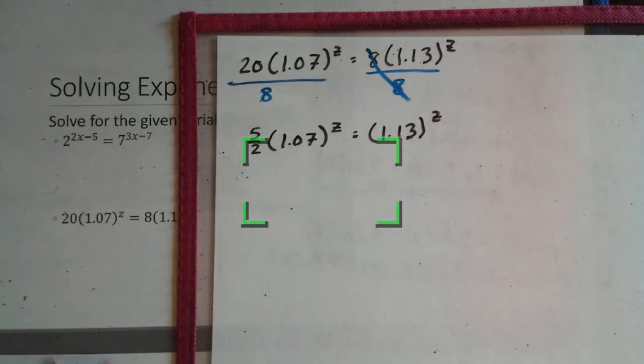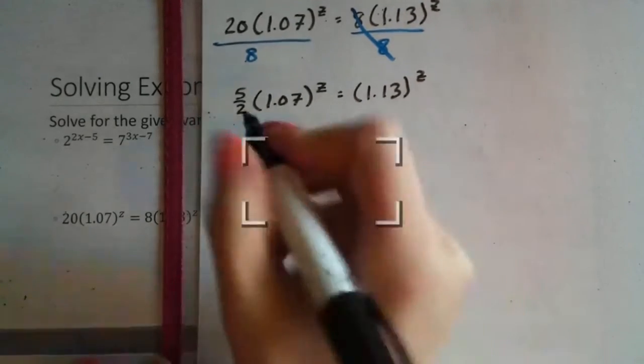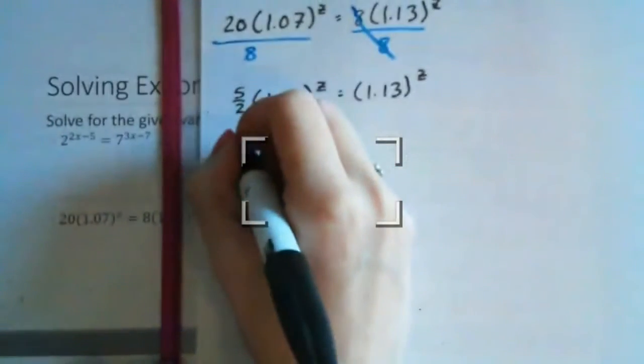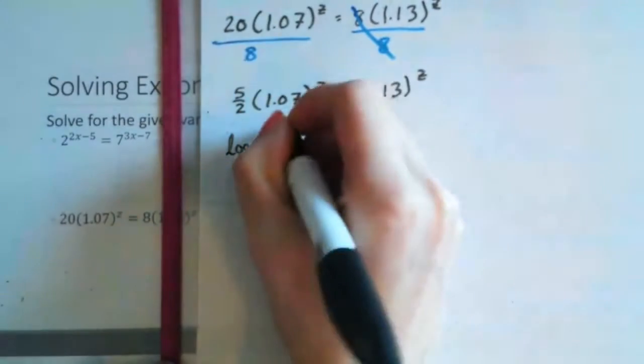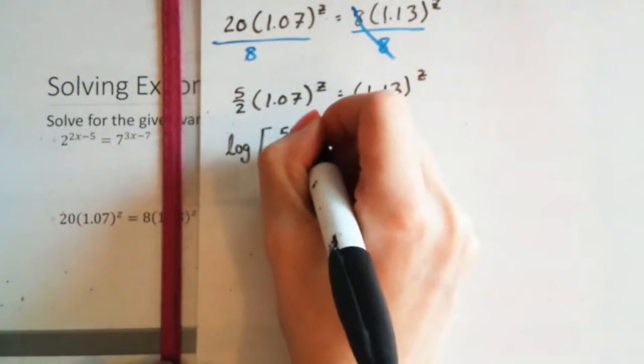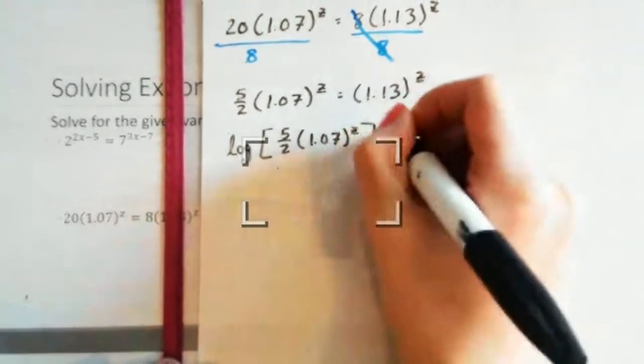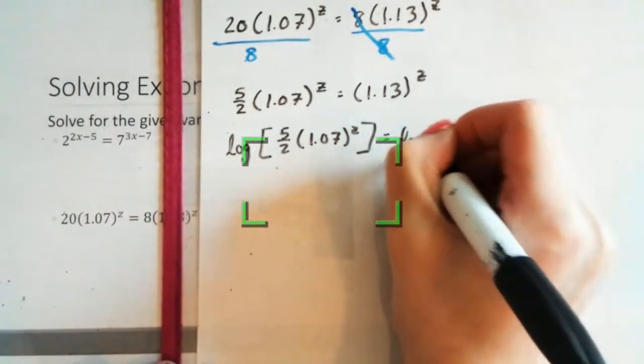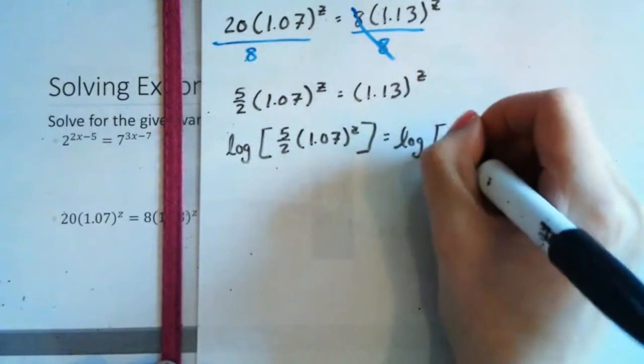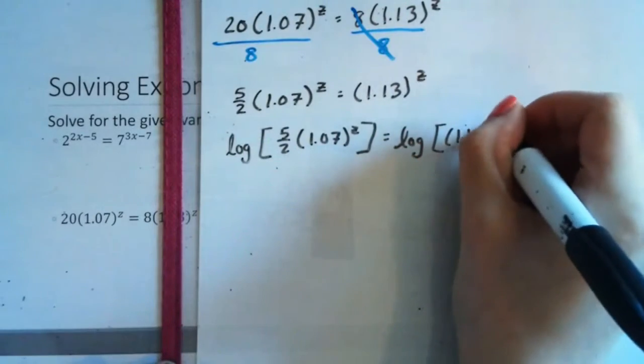So now I can take the log of both sides and solve from there. So I will have the log of 5 halves times 1.07 raised to the z is equal to the log of 1.13 raised to the z.